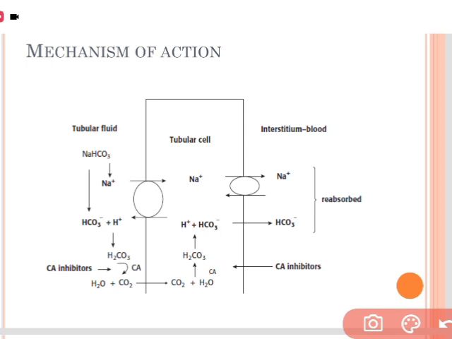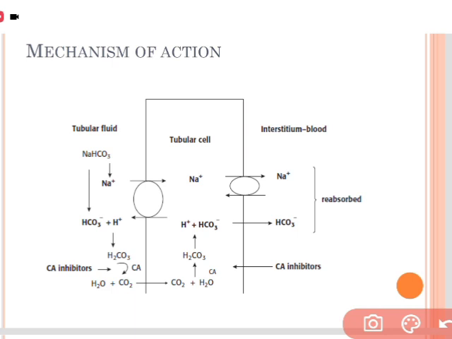Now where do acetazolamide or carbonic anhydrase inhibitors act? The main site of action of acetazolamide is the proximal tubule, or PT, or proximal convoluted tubule, PCT, and it also acts in the collecting duct.